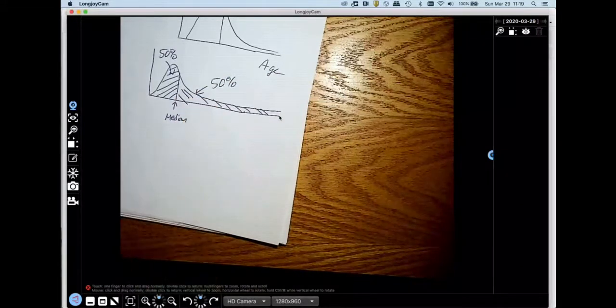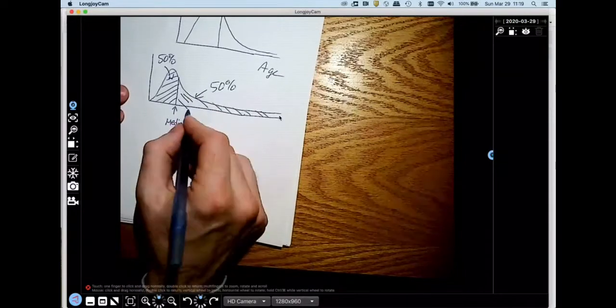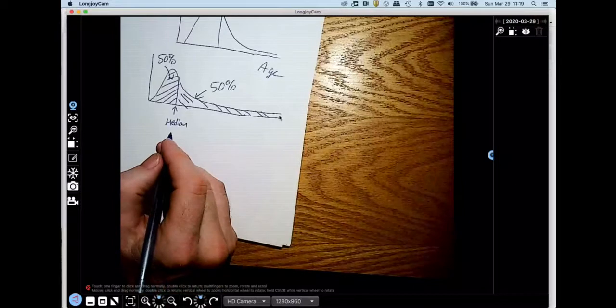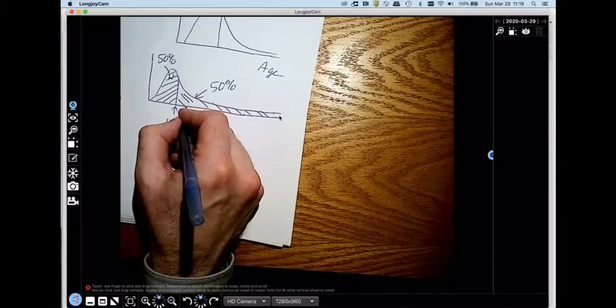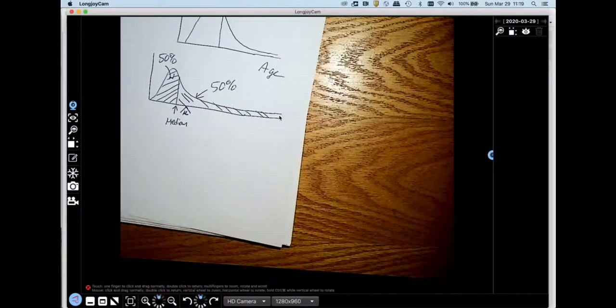All right, what is the mean? Well, the mean is the center of gravity. So if you would picture trying to stick a wedge under this histogram so that it remains in balance. So the mean is going to be the point where this histogram is in balance.